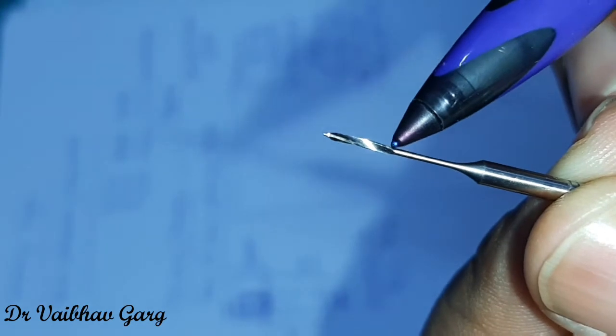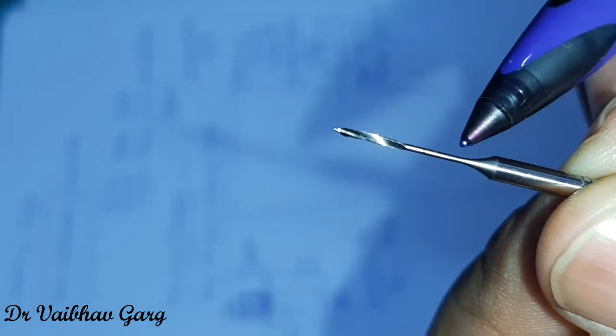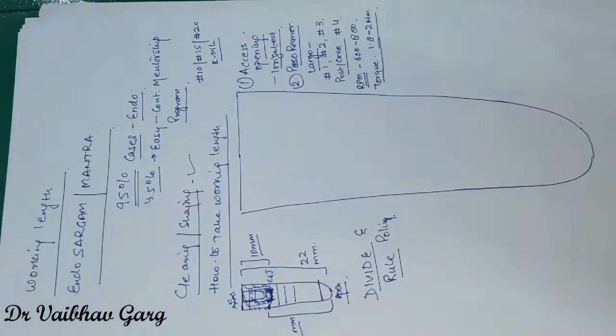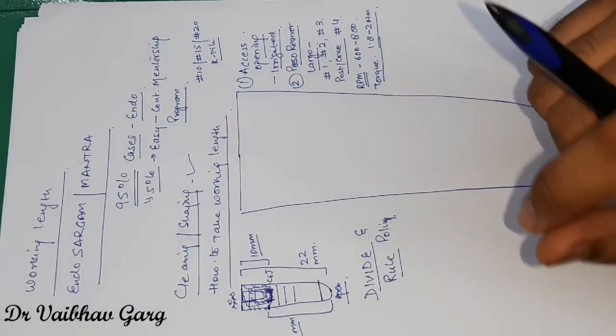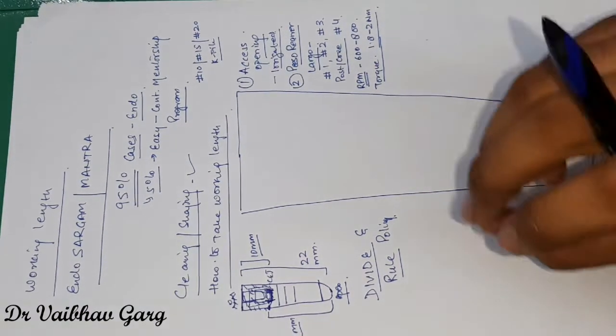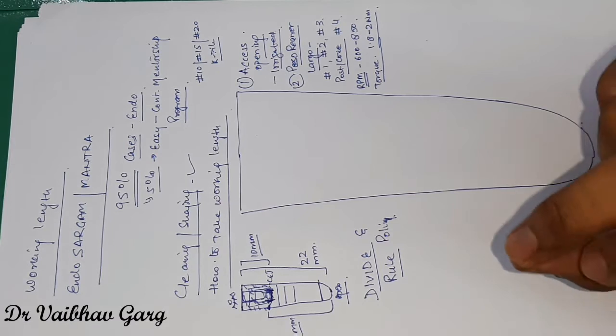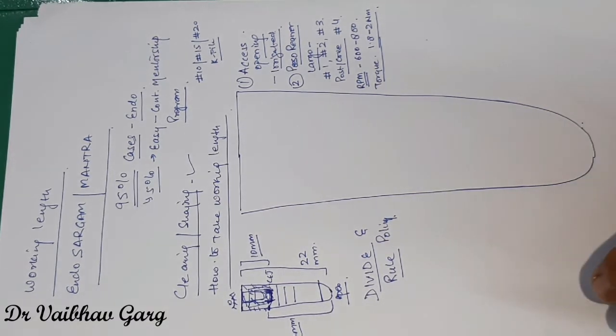It's a long shaft here. So the beauty of using piezo is that since I have started using piezos, they have made sure that I have almost negligible separation of any stainless steel file or a rotary file inside the canal.